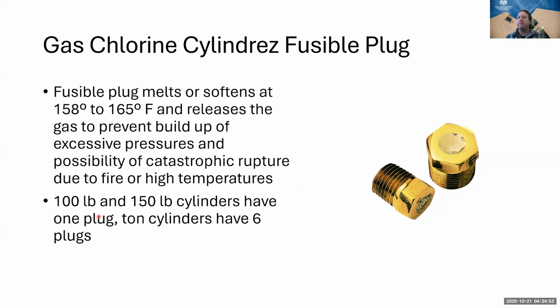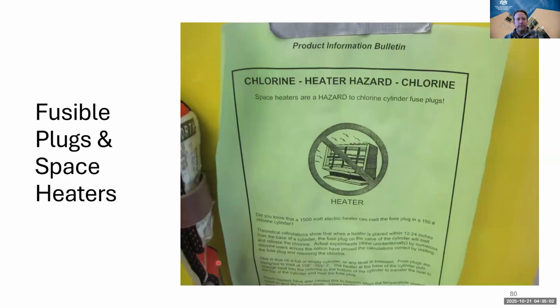100-pound to 150-pound cylinders typically might have just one plug, and those 1-ton cylinders are going to have up to 6 of these fusible plugs. You should be aware that there is a memo out there warning you that space heaters can actually cause these fusible plugs to soften and melt if that space heater is kept too close to them.